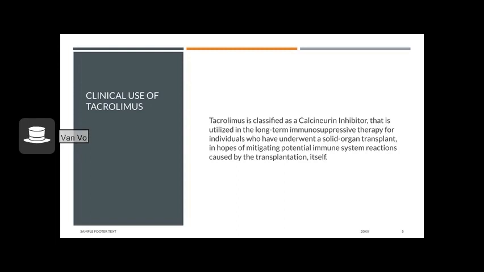Tacrolimus is classified as a calcineurin inhibitor that is utilized in long-term immunosuppressive therapies for individuals who have undergone a solid organ transplant in hopes of mitigating potential immune system reactions caused by the transplantation itself.